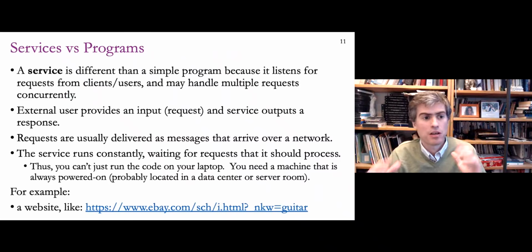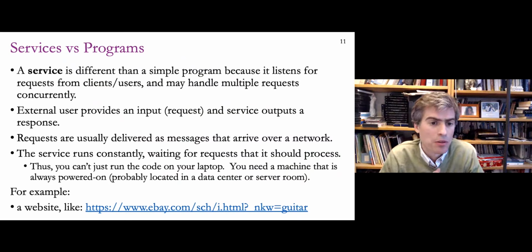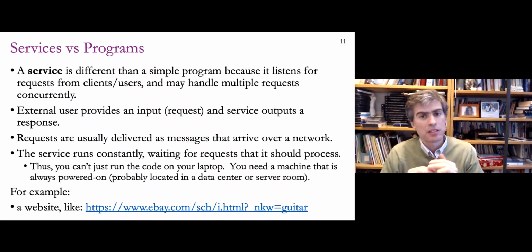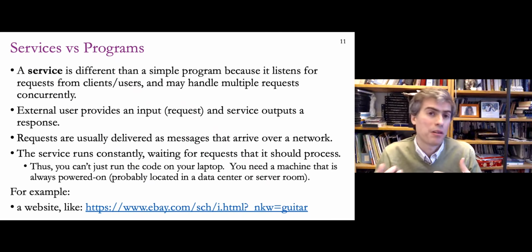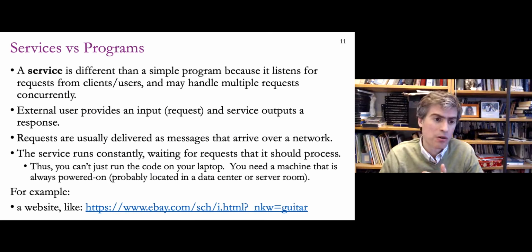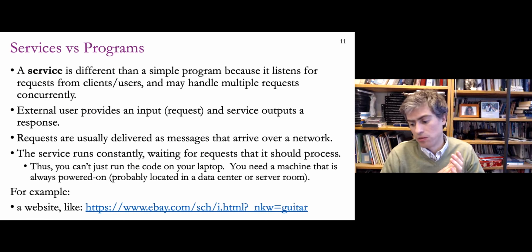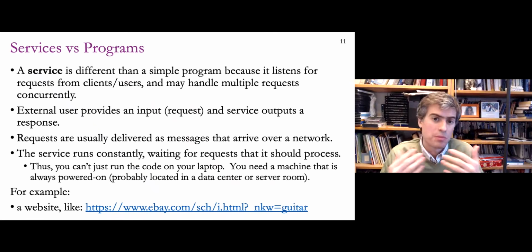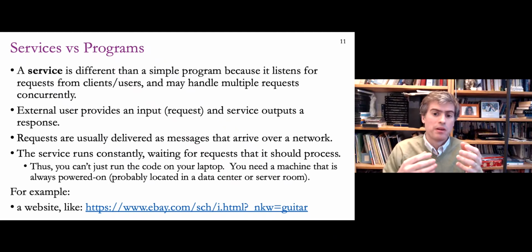But in this class, we're going to be talking about different types of scaling that involve multiple computers, and that involve primarily dealing with how many parallel requests you can handle at once, as opposed to what is the efficiency of each individual request or program. We're still going to use traditional best practices from data structures and algorithms to implement our services, but that's not the focus of this class. We're going to assume you already know that stuff.